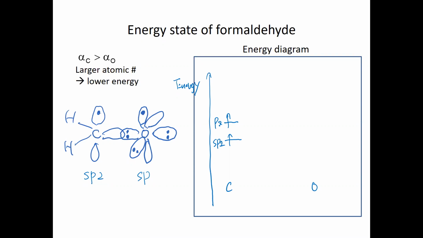Compared with carbon, the energy levels for oxygen are lower. This one is sp, and this one is pz. The sp orbital is lower because the ratio of s is larger. Each of them has one electron.